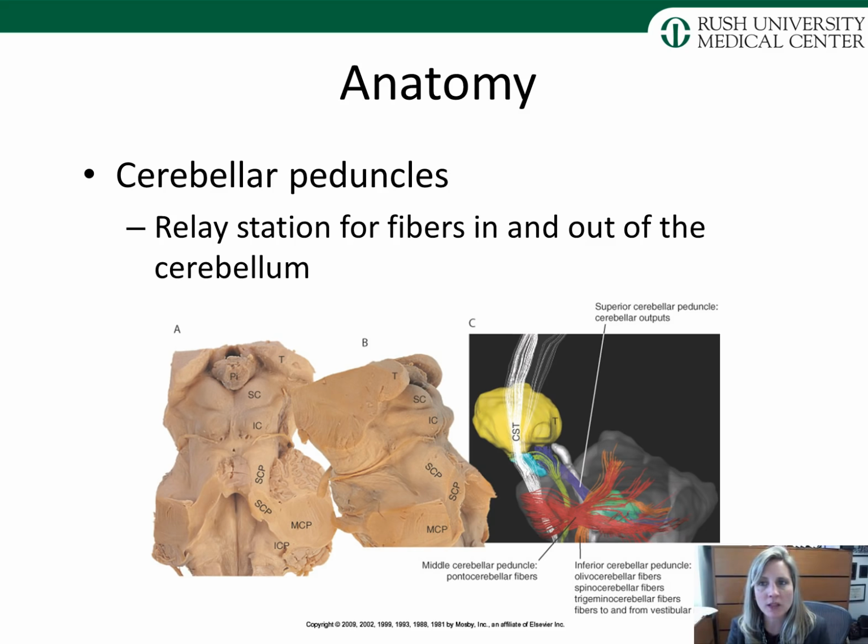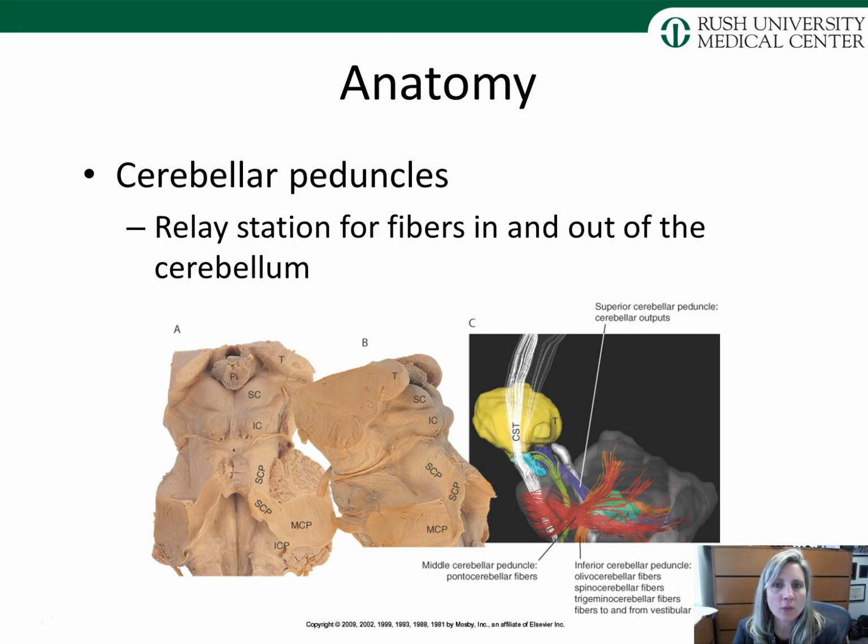So it's a relay center where all of the motor and sensory information comes in to the cerebellar structures, and then the cerebellum processes it like a computer and sends the information back either down into the corticospinal tracts or back up into the cortex for additional processing.